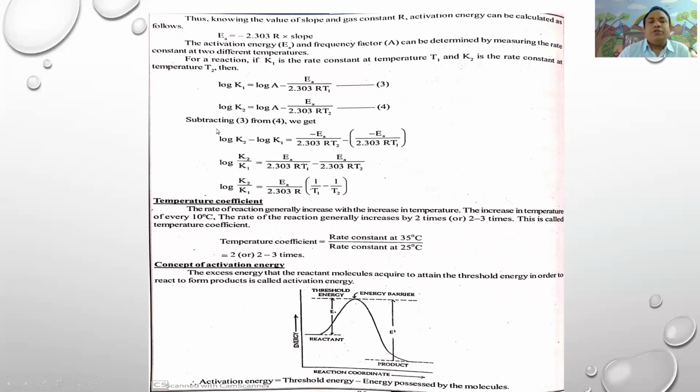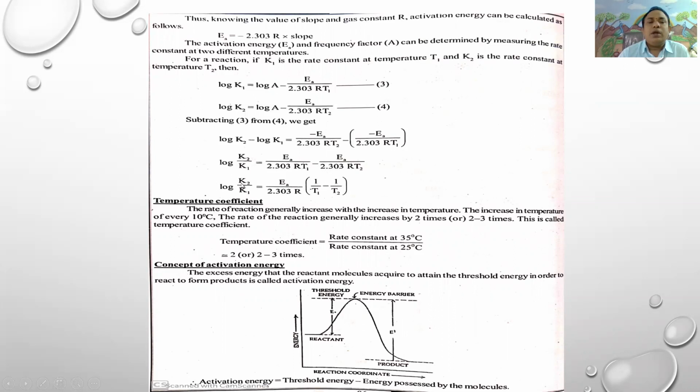Subtract equation 3 from 4. We get log K2 minus log K1 equal to minus Ea by 2.303 RT2 minus of minus Ea by 2.303 RT1. That implies log K2 by K1 equal to Ea by 2.303 RT1 minus Ea by 2.303 RT2.